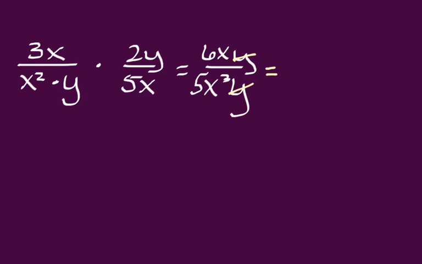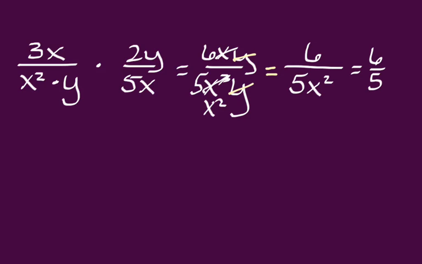So in this case, what I'm going to get is 6 in the numerator, and in the denominator, I'm going to have 5x squared, because I can strike out 1 copy of x in the numerator with 1 copy of x in the denominator, leaving me with x squared. An equivalent answer might be 6/5, if you subtracted the exponents, x to the -2nd. Okay, so those are both the same.